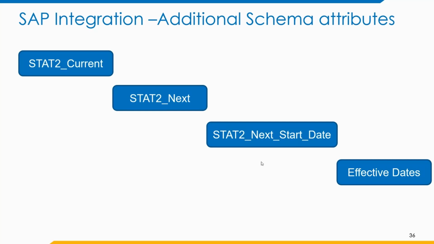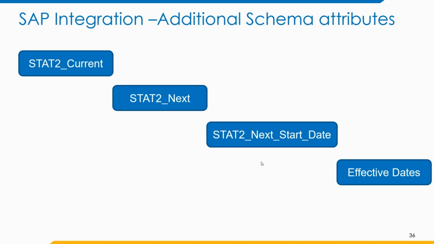It specifies the effective start date of a future employment status. The start date of the employee is specified in this attribute in the format YYYY-MM-DD: year, followed by month, followed by date. The final attribute is called effective dates.